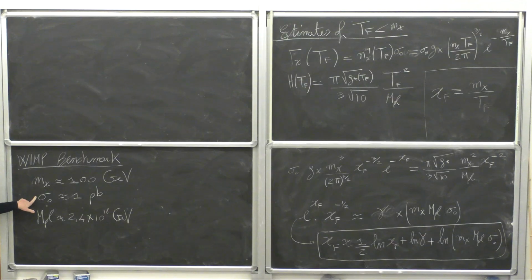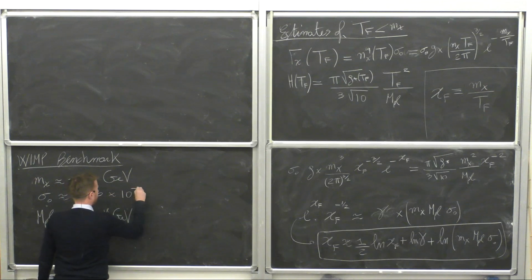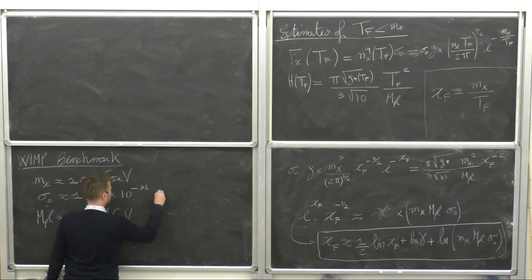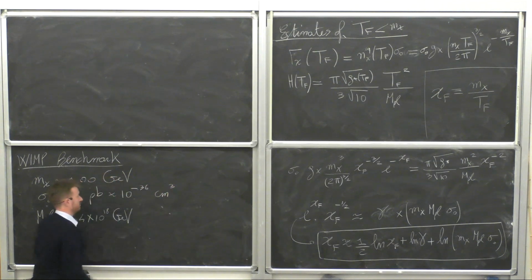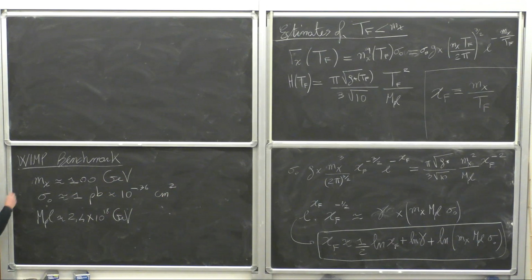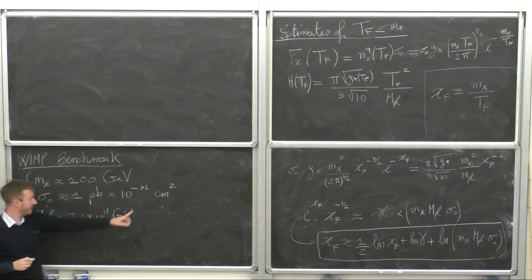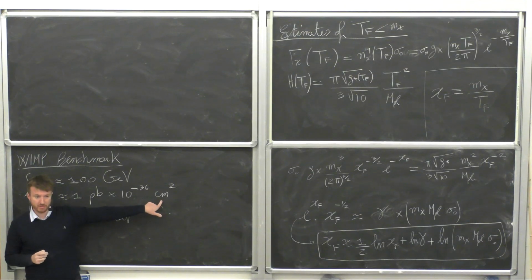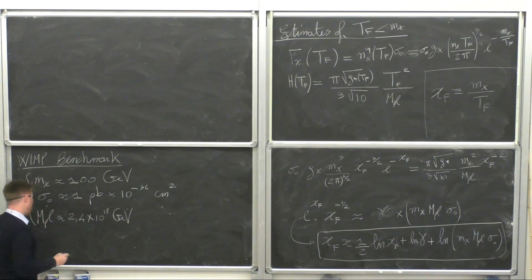First of all, 1 picobarn is 10 to the minus 12 barn, and 1 barn is 10 to the minus 24 centimeters squared. So 1 picobarn is 10 to the minus 36 centimeters squared. But it's still not enough, because I need to bring this into GeV to the minus 2. How do I do that?